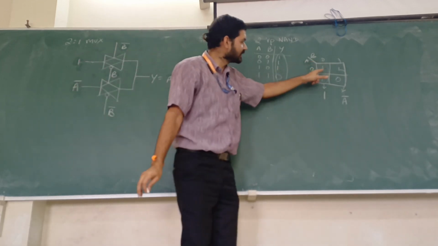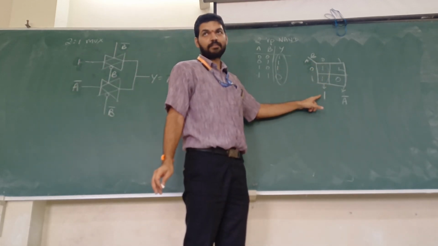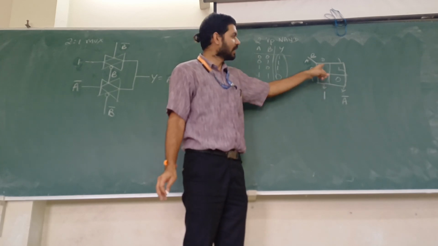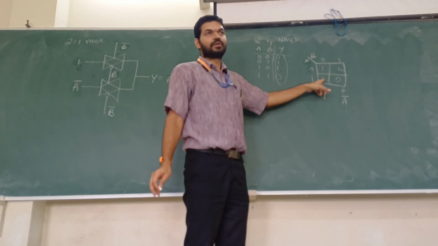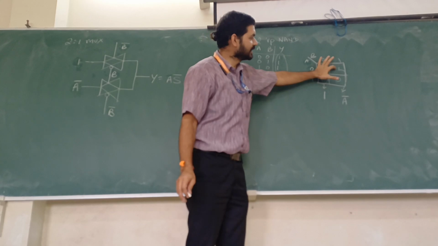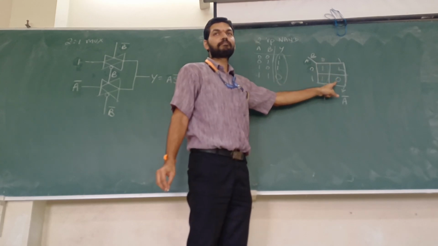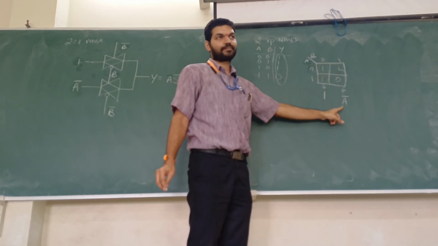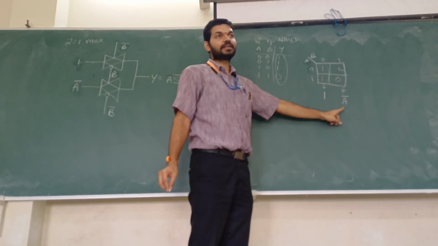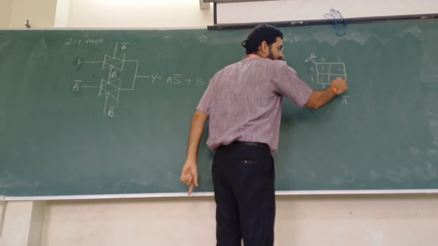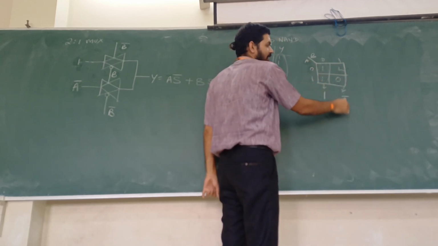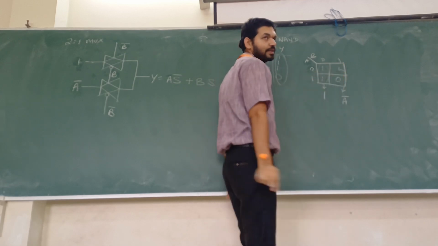If it was 0 and 0, the first input would have been 0. Suppose it was reversed, 0 here and 1 here, then I would write A, because 1 is present when A is 1. If A is present then I have the output.